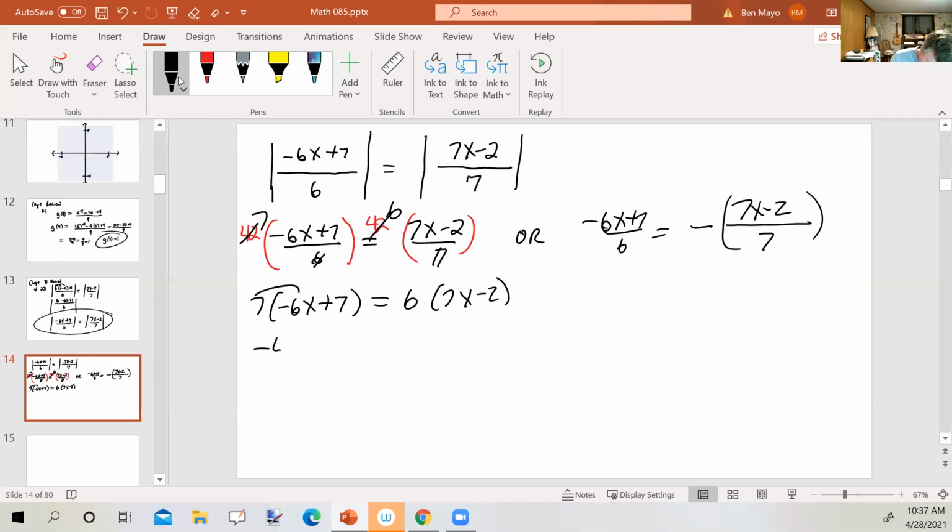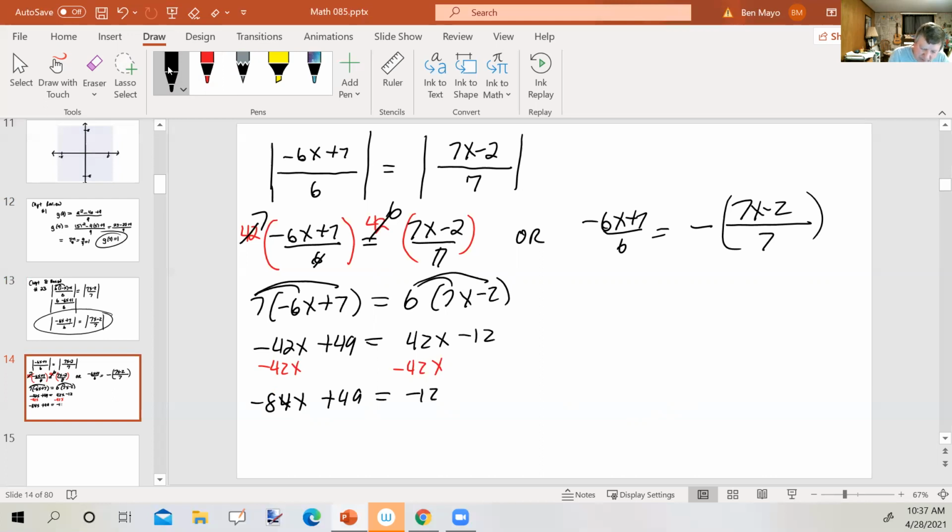Continuing on, I get negative 42x plus 49 equals 42x minus 12. I'm going to put all the variable terms on the left side of the equation, so I'm going to subtract 42x from both sides, giving me negative 84x plus 49 equals negative 12.